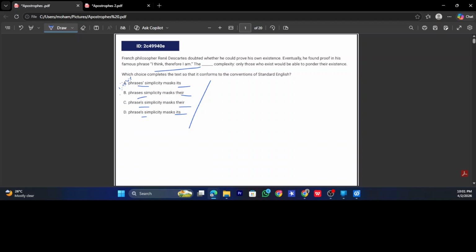So B is also incorrect. C is also incorrect because the context requires the singular possessive determiner its, but here it is a plural possessive determiner. Okay.